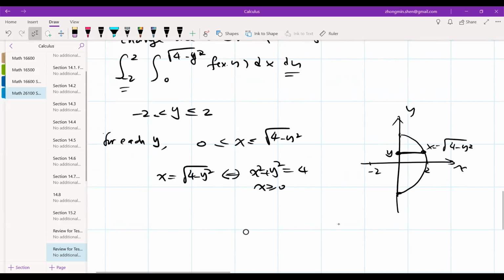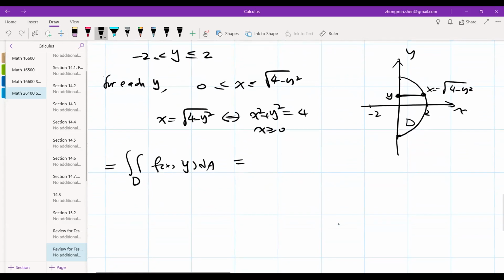If this domain is called D, this integral is the double integral of the function. Now if you use vertical lines, x is between 0 and 2, clearly.